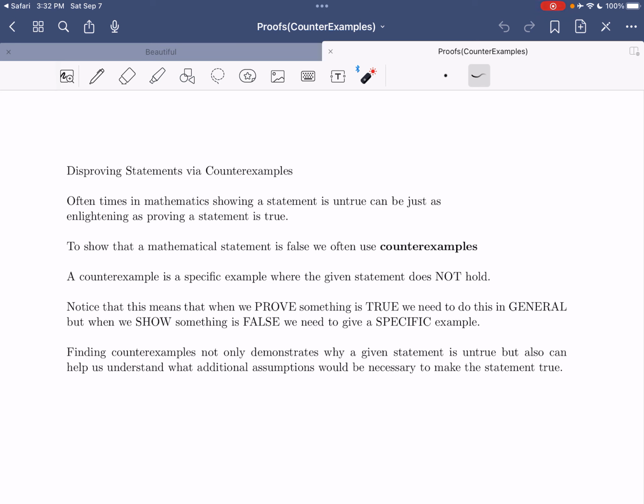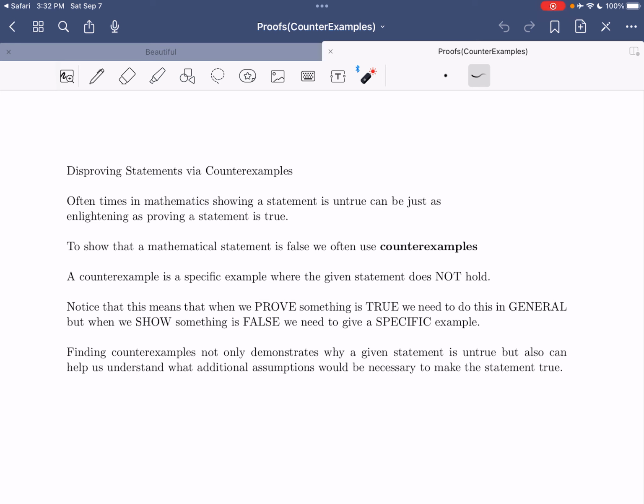We don't want to base this off of I think it's true or I feel like it's untrue. We either want to have a logically thorough and justified proof that whatever that statement is always true, or we want to have that specific example demonstrating a situation where the statement is untrue.